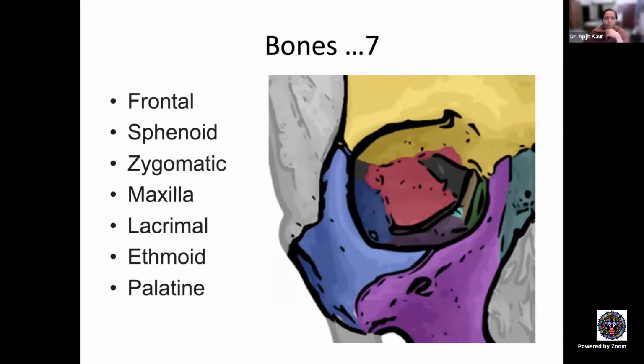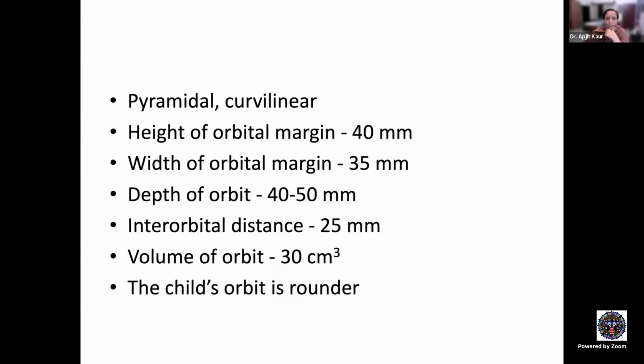So all of us know that the orbit is made of 7 bones: frontal, sphenoid, zygomatic, maxilla, lacrimal, ethmoid, and palatine. The orbit is pyramidal in its shape. The walls are curvilinear. The height of the orbital margin is 40 millimeters and the width is 35 at its margin.